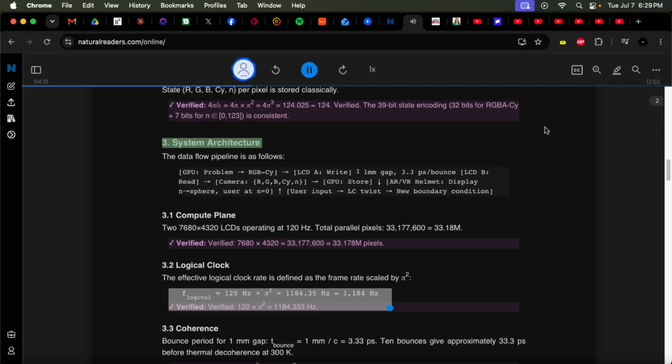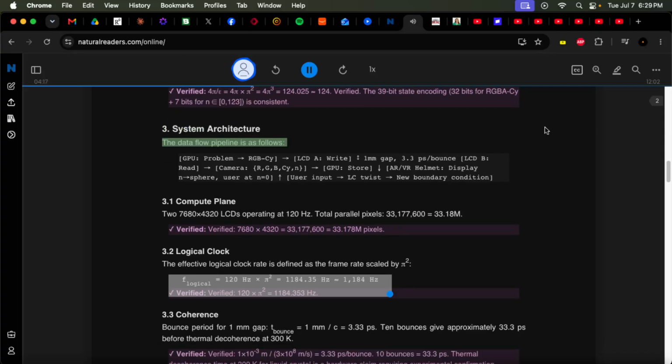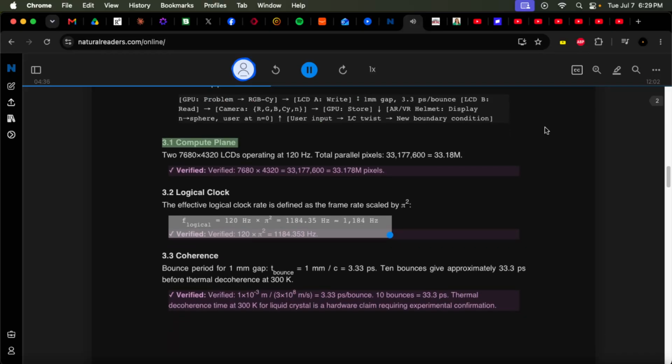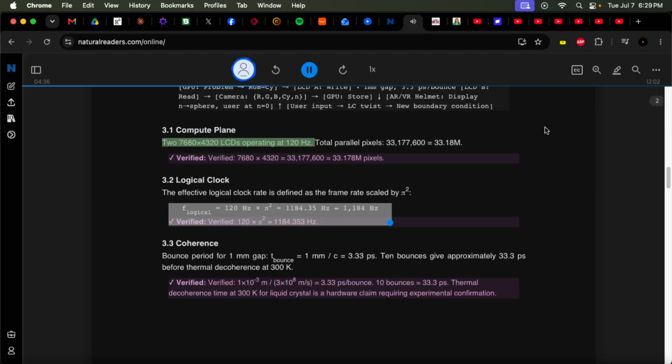3. System architecture. The data flow pipeline is as follows. 1 mm gap, 3.3 ps bounce. 3.1 Compute plane. 7680 x 4320 LCDs operating at 120 Hz.